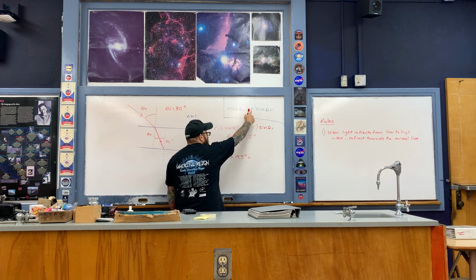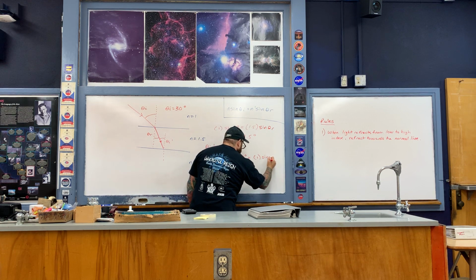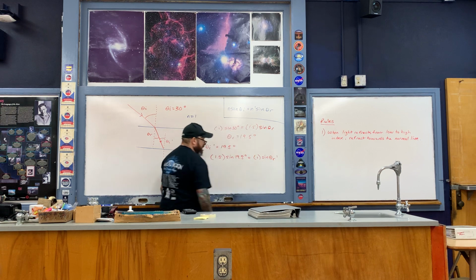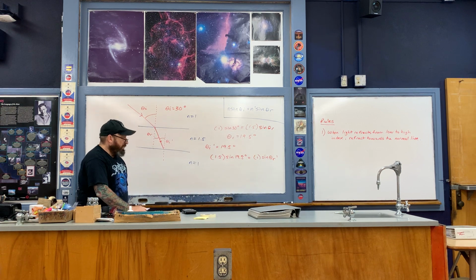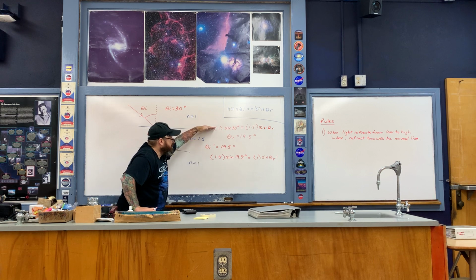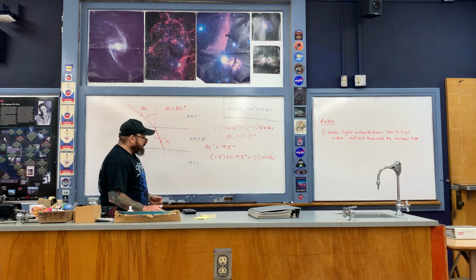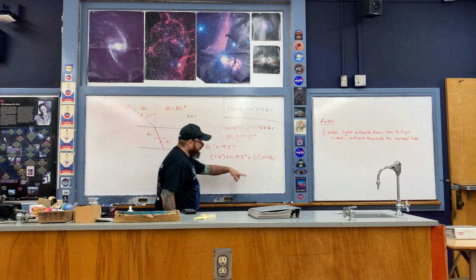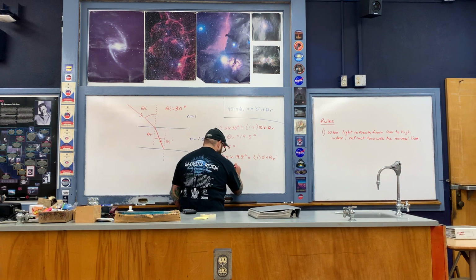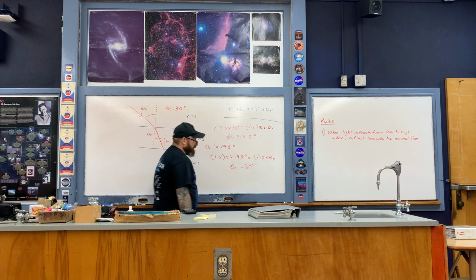This equals n for air, which is 1, multiplied by the sine of the new refracted angle. I'm going to call it theta refracted prime. Notice that this expression is the same thing as the earlier one, except the two sides of the equation are backwards. So if you run through the math, the refracted angle, theta refracted prime, would equal 30 degrees.